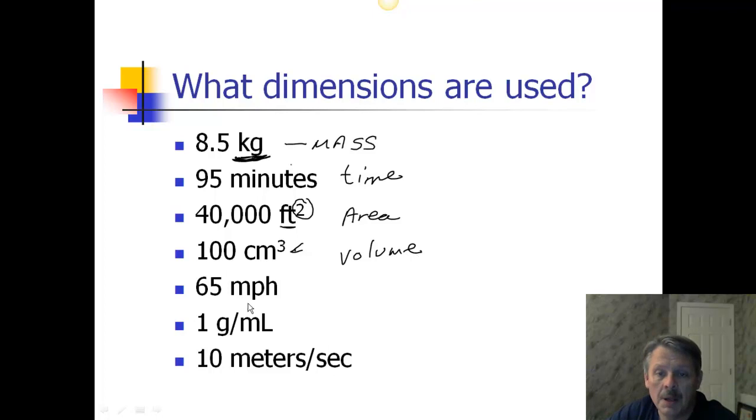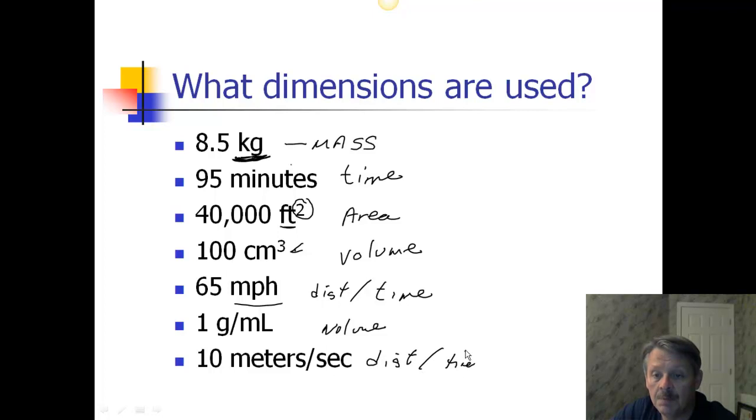What about mph, miles per hour? Well, that's measuring speed, which is distance divided by time. You should be able to look at these and realize just what they are, what they're trying to measure. Milliliters is measuring volume, and meters per second is also measuring distance divided by time. Okay, you should be able to just recognize those.